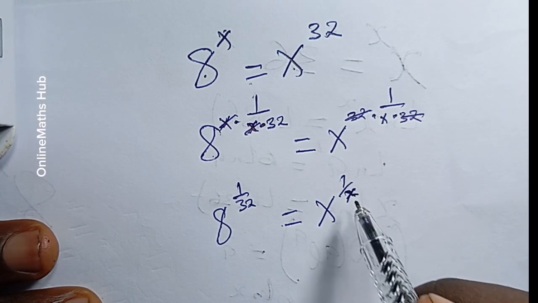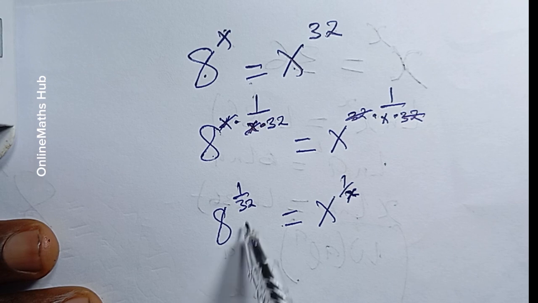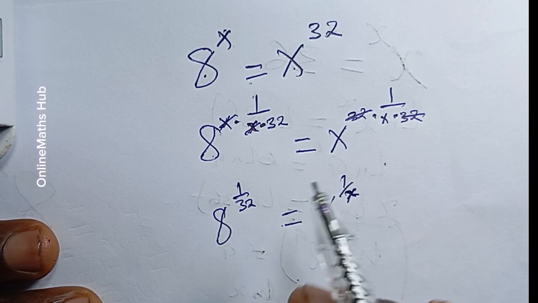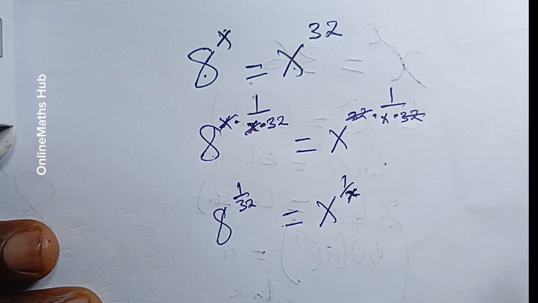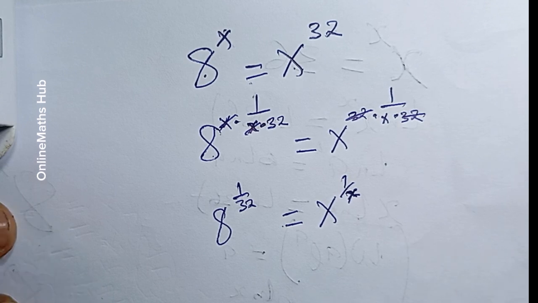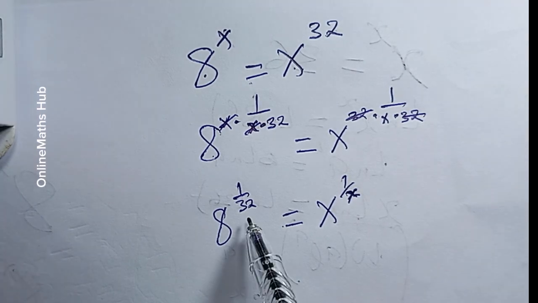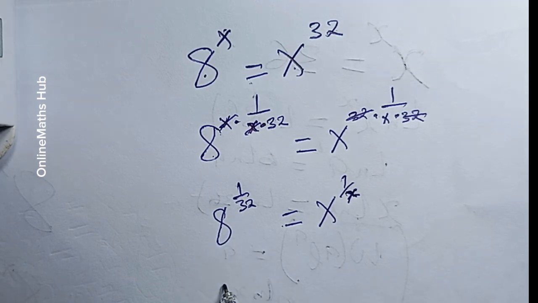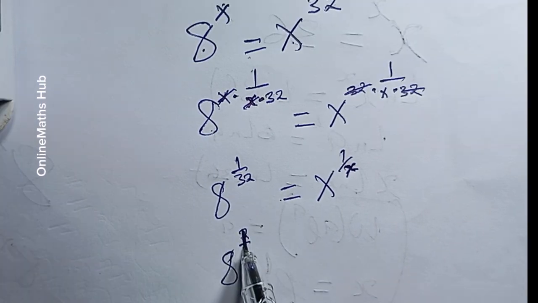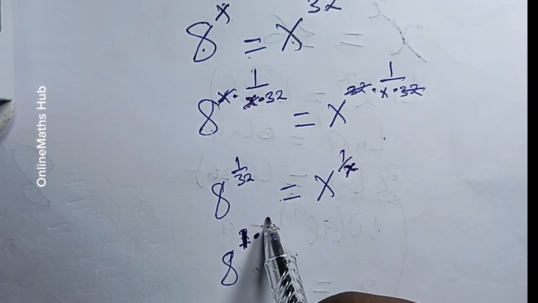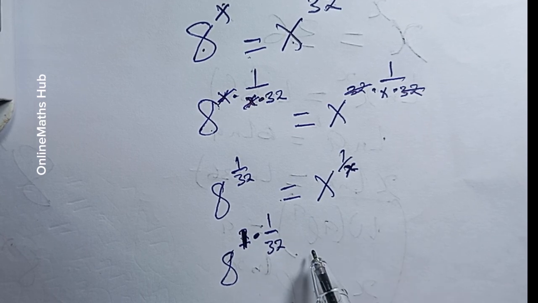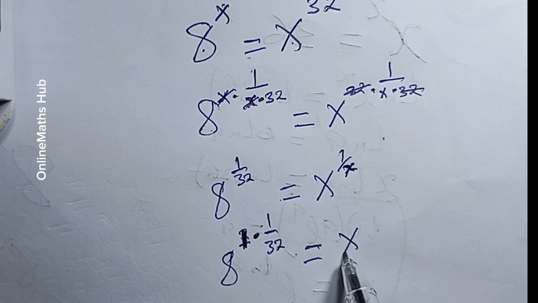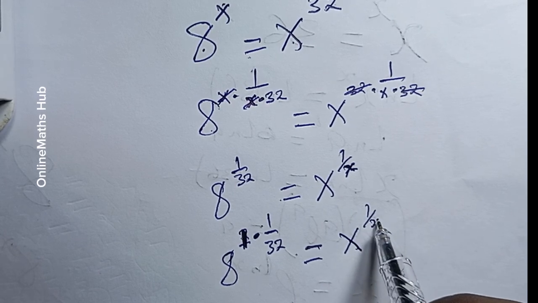Okay, so our job is to find a way to simplify this left hand side so that it can be in the form of the right hand side, so that we can now compare both equations. So moving on, I can actually write this as 8 power, I can use 1 to multiply this 1 over 32, and then it is still the same, is equal to x power 1 over x.